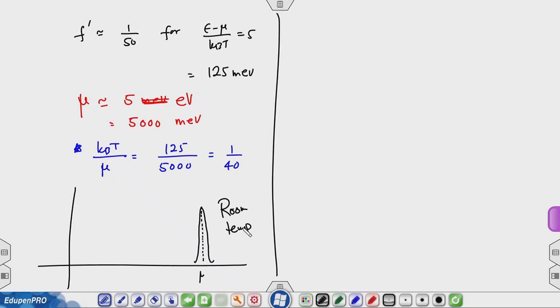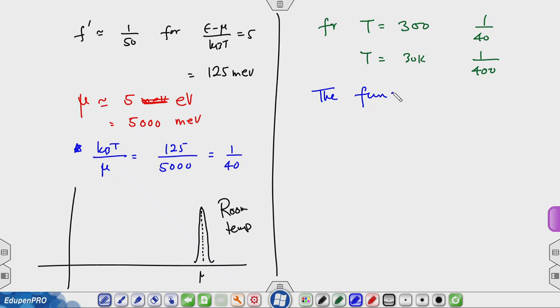If the temperature is 10 times lower, then kBT over mu will be of the order of 1 over 400. So for T equals 300 K, it's 1 over 40. For T equals 30 K, it will be 1 over 400. So it will be even sharper. So the peak is very sharp.